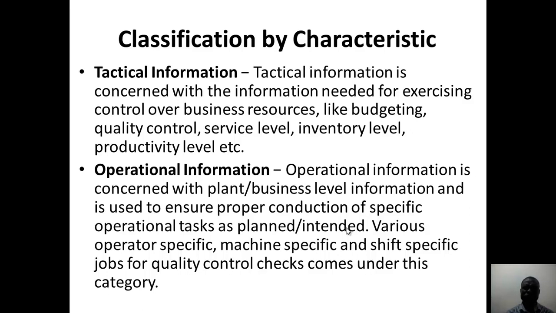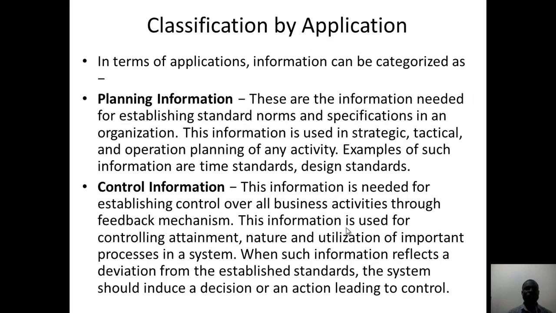And various operator specific, machine specific, shift specific jobs, quality control checks all come under operational information. So this information goes with the actual operation of a business. And all these must be provided by the information system of our organization.